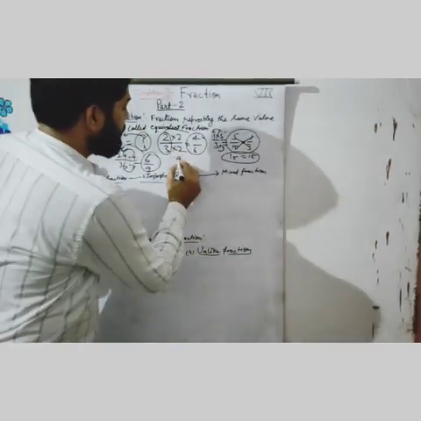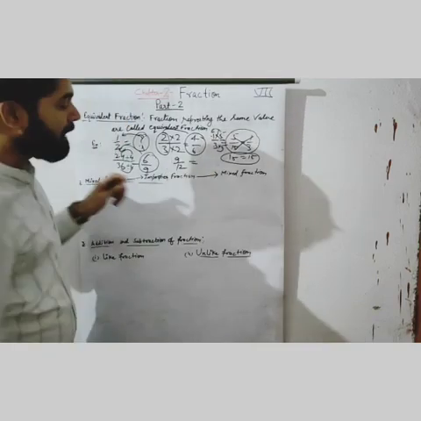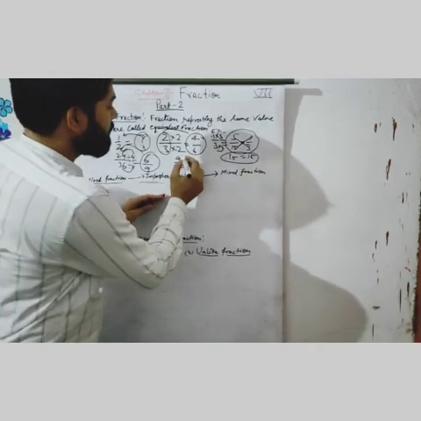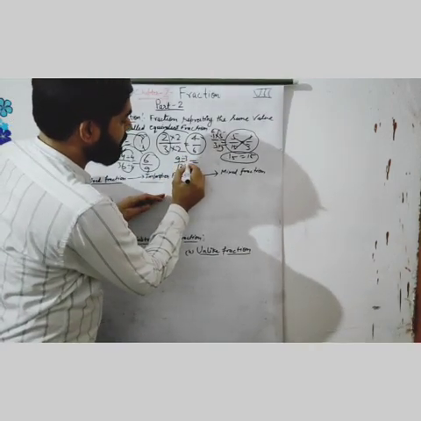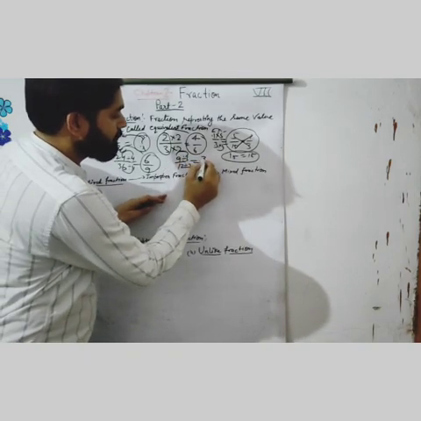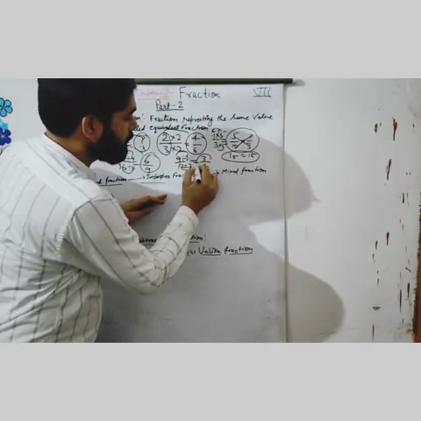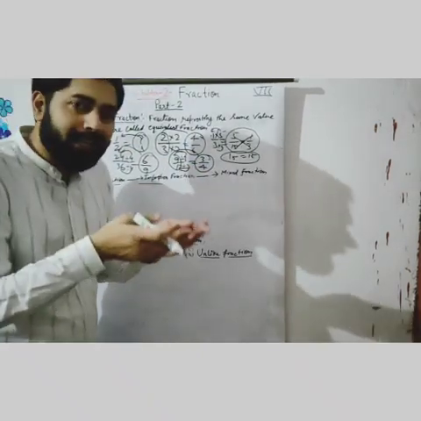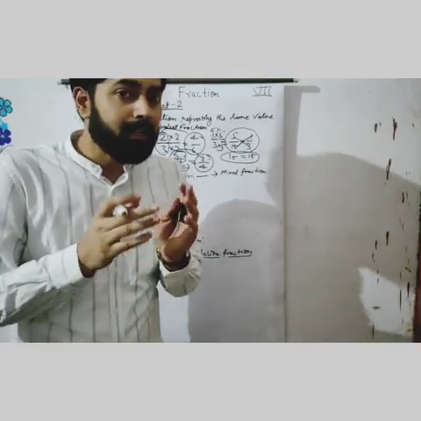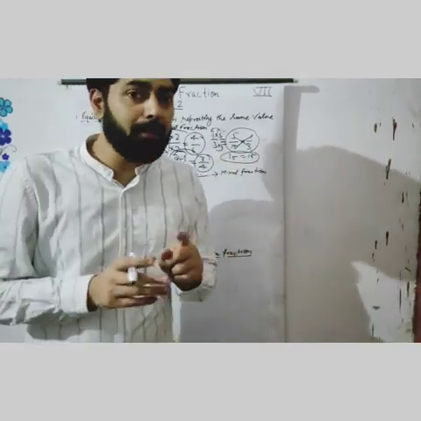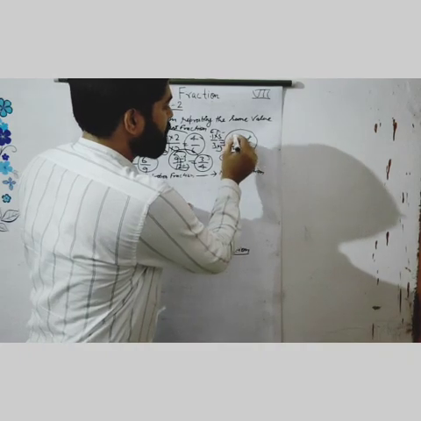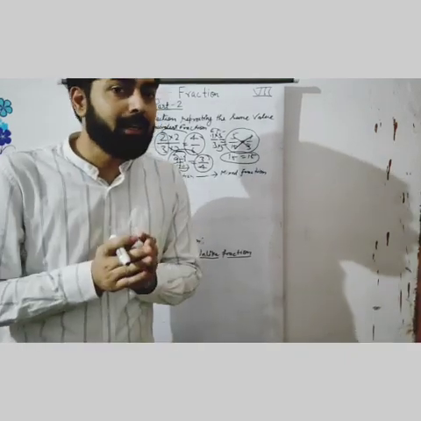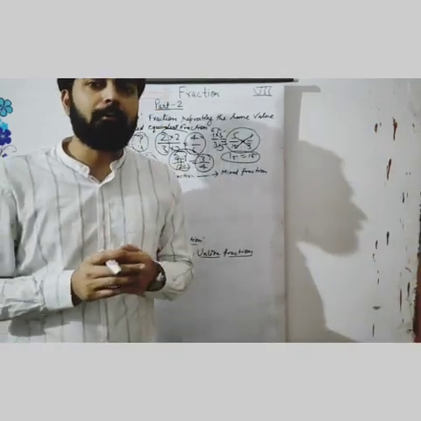And then 9/12: you can find it by dividing the numerator and denominator by the same number. 9 divided by 3, 12 divided by 3. 3 3s are 9, 3 4s are 12. So 3/4 is an equivalent fraction of 9/12. If you want, you can check whether fractions are equivalent or not. How? By cross multiplication, meaning numerator multiplied by denominator and numerator multiplied by denominator. If you find both sides' values the same, then the fractions are known as equivalent fractions.